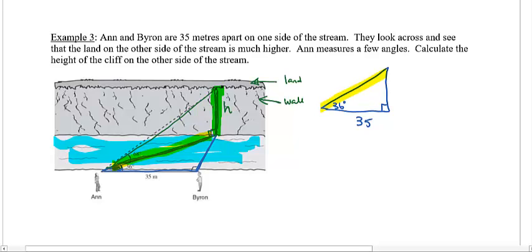Think about what trigonometric ratio we should use to figure out this side, which I'll call S. I've got 36 as my target angle, 35 is the adjacent side, and S is the hypotenuse. So if you said cosine of 36 is equal to adjacent, which is 35, over S, the hypotenuse, I am very happy.